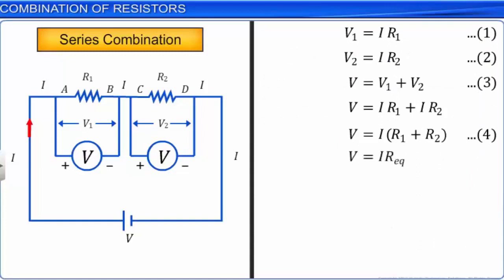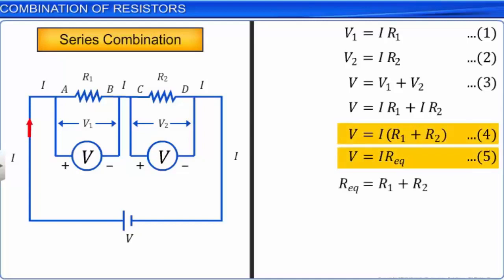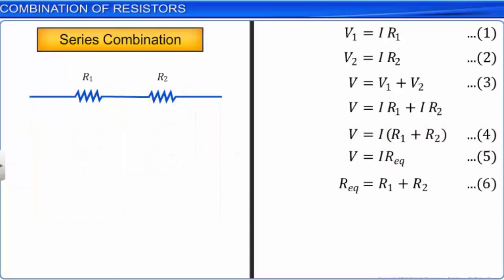From equations 4 and 5, we can write R equivalent is equal to R1 plus R2. Let this be equation 6. From equation 6, we conclude that when two resistors R1 and R2 are connected in series, the combination has an equivalent resistance equal to R1 plus R2.